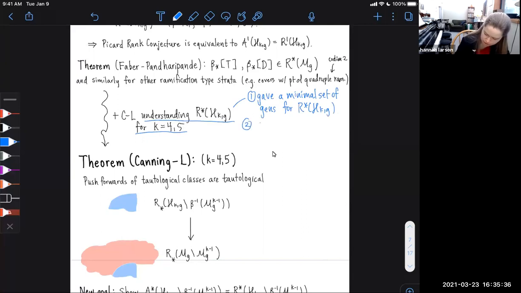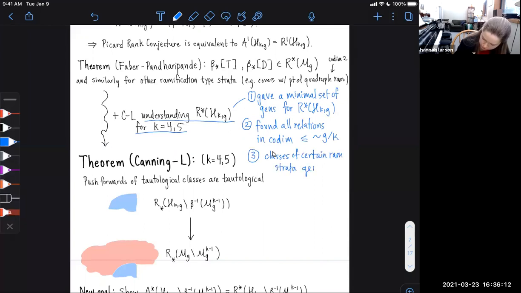And we further found all relations among these classes in codimension up to roughly G over K. And then we showed that the classes of certain ramification strata generate all tautological classes as a module over Q adjoin kappa 1 and kappa 2.